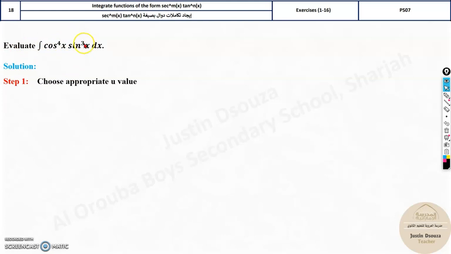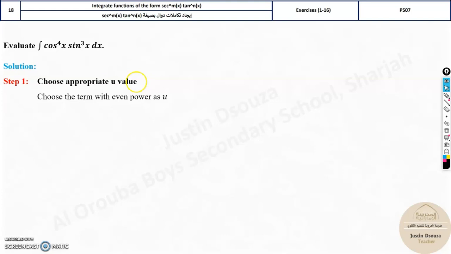Sine has the lower power and cos has the higher power, so over here we would take cos 4 because it's the higher power, and then we can easily dissolve this other term. So it's not just about even, or really about higher power. It depends on different situations. Sometimes you don't take sine or cos at all, you take other things. So this u value would vary depending on the question and the situation.